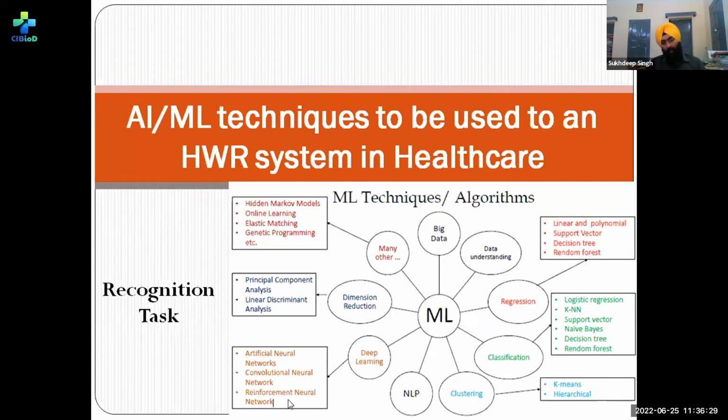If we have online data, where we are directly writing on the screen and have sequence data, then LSTM and BLSTM can be used because these fit well for sequence data. So there are different techniques that can be used for recognition tasks.